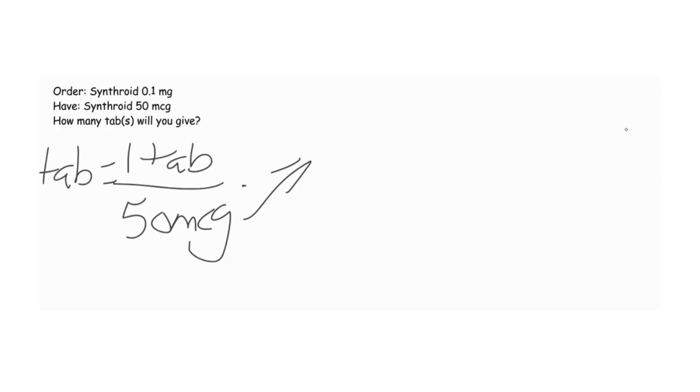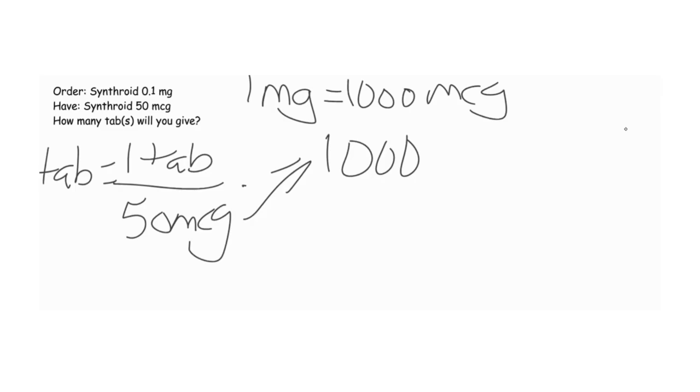You remember that 1 milligram equals 1,000 mics. All right, so let's just put that conversion right into our problem, and we need mics to be on top, so we're going to put mics on top because we want mics to cancel out. 1 milligram.